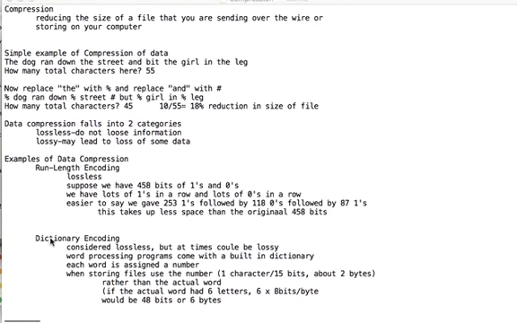Another technique would be dictionary encoding. It's considered lossless, but at times could be lossy. We're all familiar with word processing programs that come with built-in dictionaries. Let's suppose that we were working with a dictionary of a word processing program and I could identify or assign an integer from 1 to 50,000.